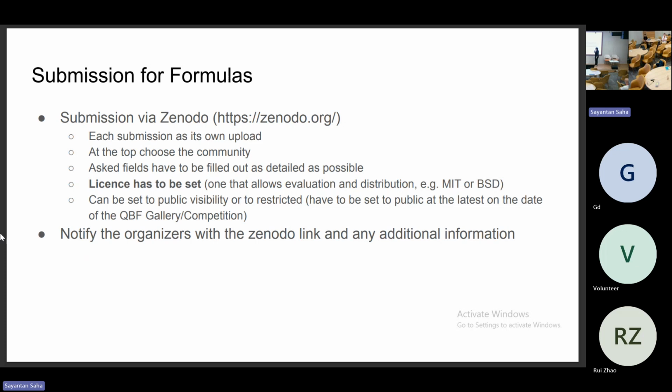And yeah, we can also control the accessibility. We can first have a restricted visibility, then we can evaluate the benchmarks, and then we can set it to visible, and then it will be archived and will not be lost.